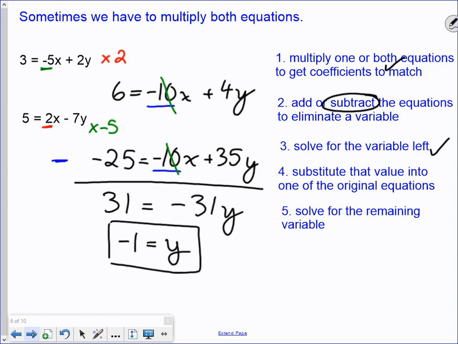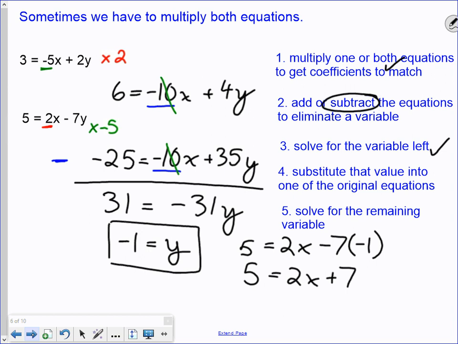So we'll use equation number 2 here. 5 equals 2x minus 7, but instead of y, we're going to put in a negative 1. From y equals negative 1. 5 equals 2x, negative 7 times negative 1 is going to give us a positive 7.